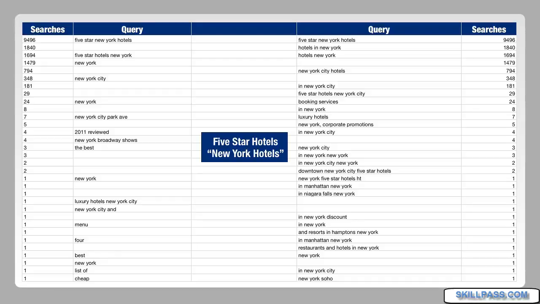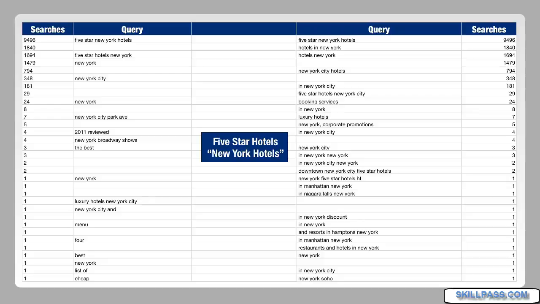So what we can derive from this is on the right side, people are much more specific about where their hotels are located. We can see things such as New York, Manhattan, Niagara Falls, Hamptons, New York City, Soho. So the right side shows us that people are specifically looking for the location after they type in New York hotels.